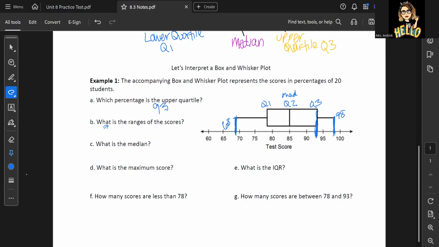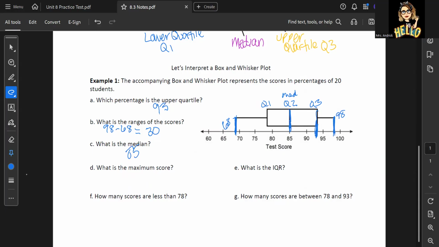So 98 minus 68 gives us 30. So the range in the scores is 30%. The highest grade was a 98%, the lowest grade was a 68%. And what's the median percentage? The median is this middle part of the box. The median's about an 85, which isn't bad.